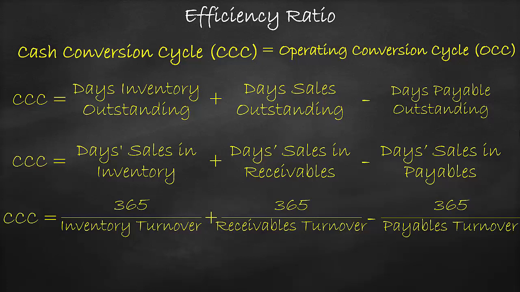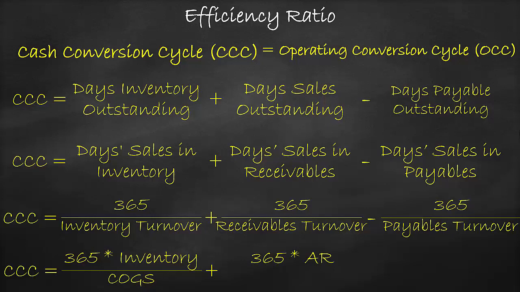So, we can rewrite the cash conversion cycle formula as 365 times inventory divided by the cost of goods sold plus 365 times accounts receivables divided by sales minus 365 times the accounts payable divided by the cost of goods sold.